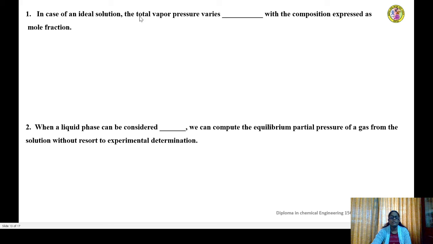This is one of the important characteristics of an ideal solution, that the total vapor pressure varies linearly with the composition. So that is the answer. Let us see the options: inversely proportional, linearly proportional, exponentially proportional, none of these. So linearly proportional is the right answer.